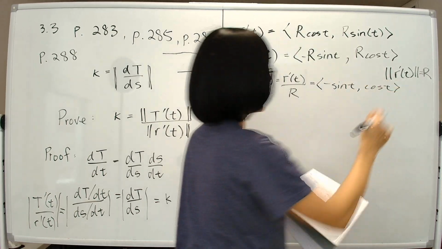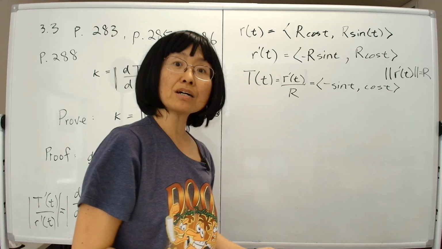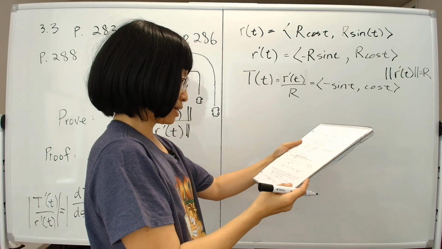As you can see, that's a unit vector. And we're only talking about a circle in 2D right now.